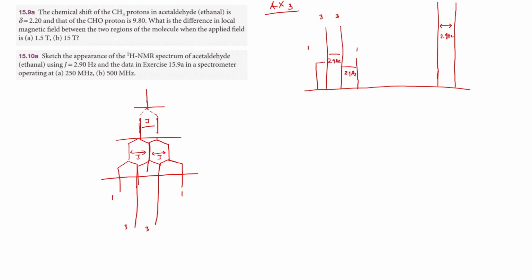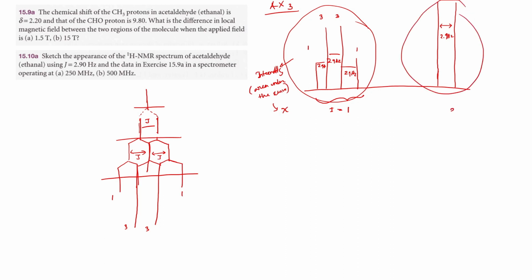One more important thing is that if you do an integration, here it has only one proton, so the intensity will be very less. The area under the curve will be something like x, and here it will have 3x, right? Because there are 3 protons. So this is another important thing you need to understand.